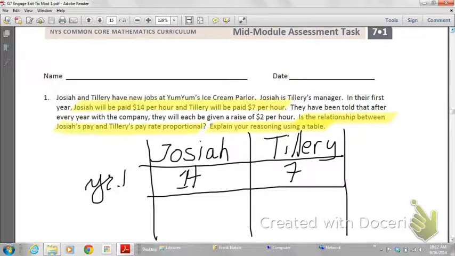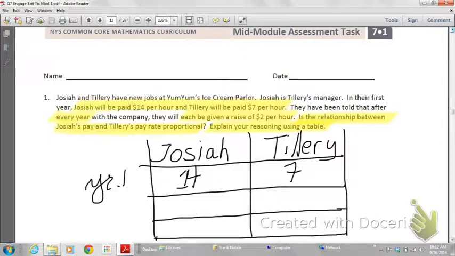And what they were told then is that each one is going to be given a raise of $2 per hour every year. So if they had just 2-3 pieces of information here, 3 years' worth, for example, that was good enough, because they know Josiah is going to go up to 16, Tillery up to 9, Josiah 18, Tillery up to 11.